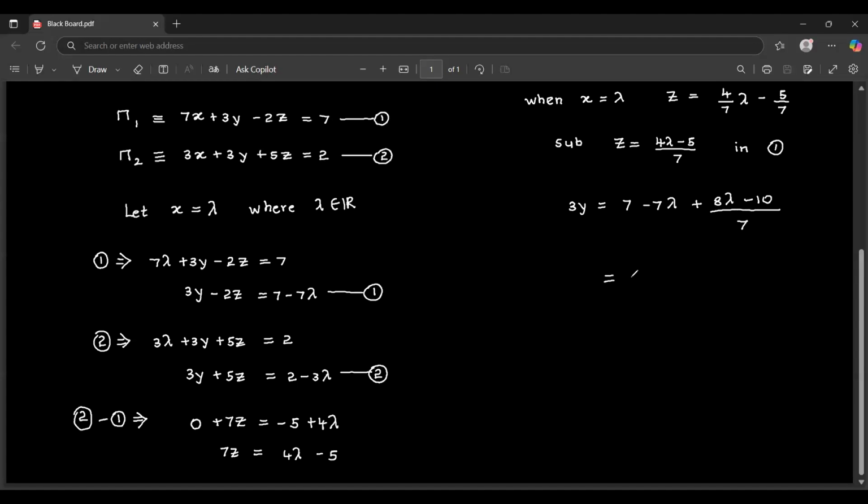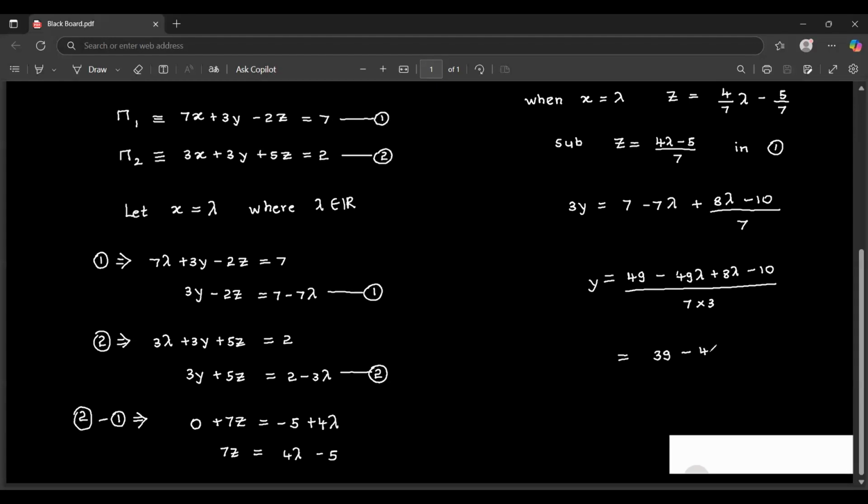This equals 49 minus 49 lambda plus 8 lambda minus 10, over 7, and then y will be equal to minus 41 lambda plus 39 over 21.